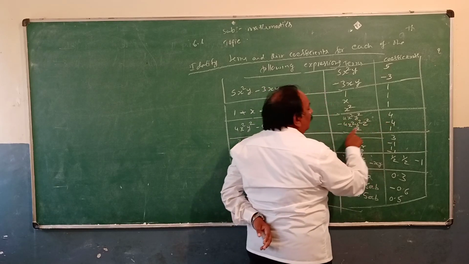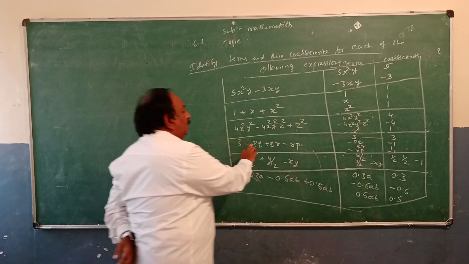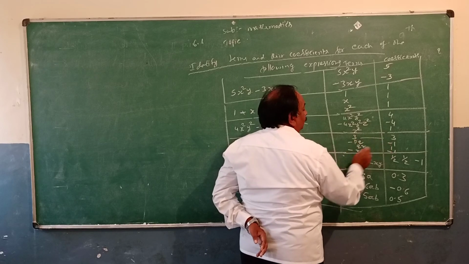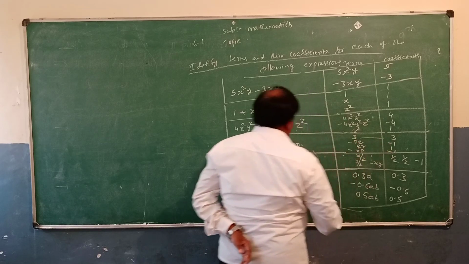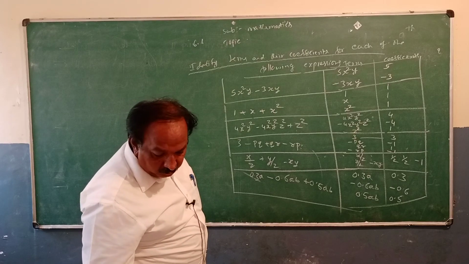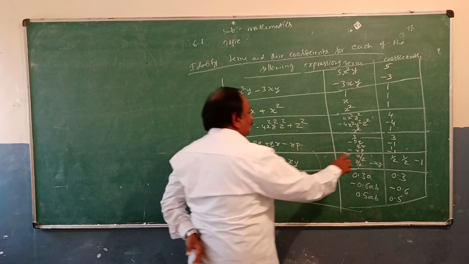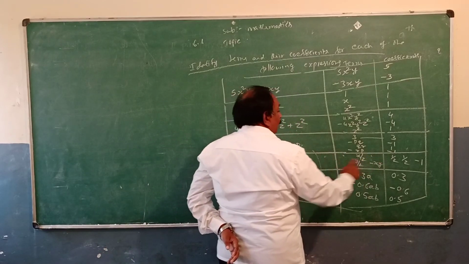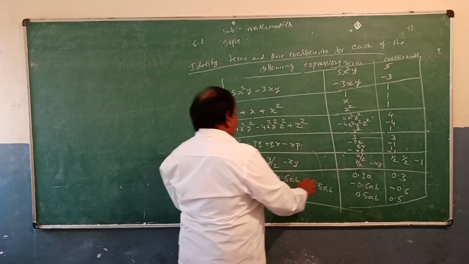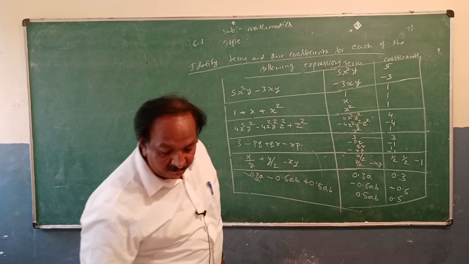Coefficient is minus 4. Coefficient is 1. Next one is 3 minus pq plus qr minus rp: 3, minus 1, 1, minus 1. x by 2 is 1 by 2, minus 1 by 2 and minus 1. 0.3, minus 0.6 and 0.5.